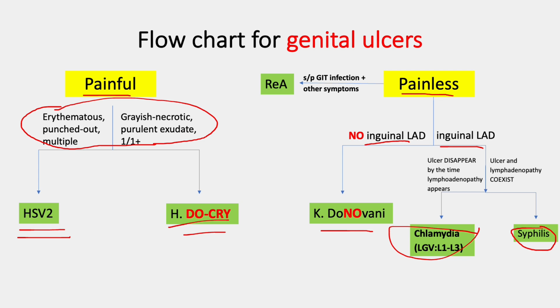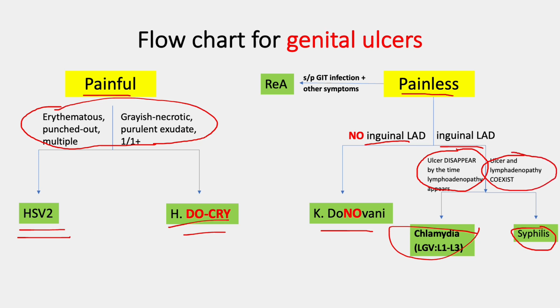So if the ulcer disappears by the time the lymphadenopathy appears, it's most likely chlamydia, so lymphogranuloma venereum, especially if there is suppuration, so if there is release of pus from the enlarged lymph nodes. And if there is a coexistence between the ulcer and lymphadenopathy, it's most likely Treponema pallidum, so syphilis.